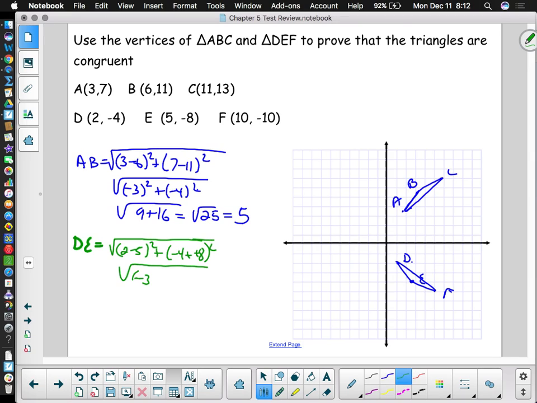So that's negative 3 squared plus 4 squared is 9 plus 16 equals 5. So these two are congruent. There we go. I just got AB and DE are congruent. I now have to repeat that process for BC and EF, and then AC and DF. So 6 distance formulas.